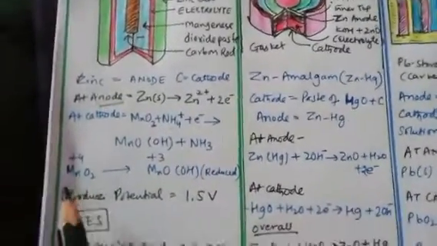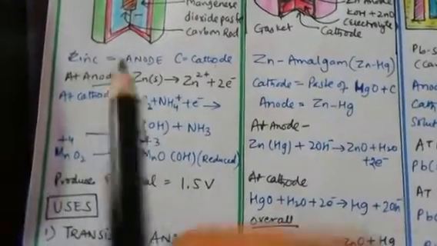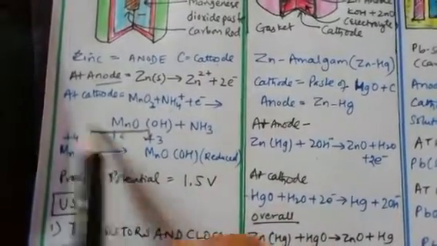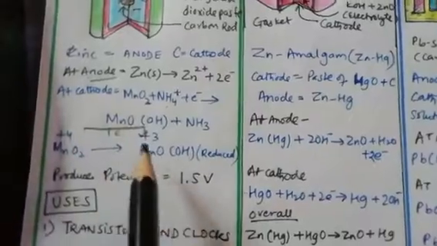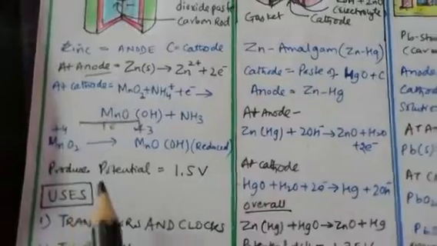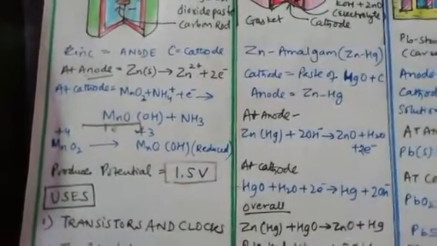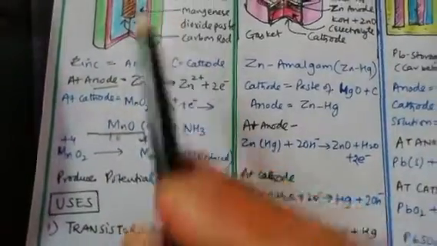Here manganese is converting from +4 to +3, which means it gains 1 electron, and gain of electron is reduction. So manganese dioxide is reduced by 1 electron, and this produces 1.5 volt. This is the basic working and construction of the cell.